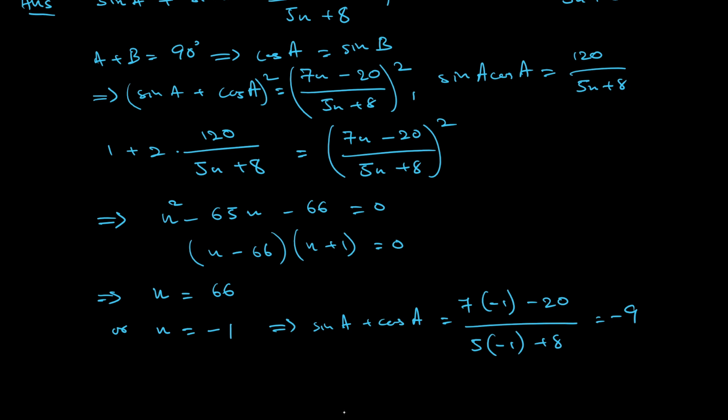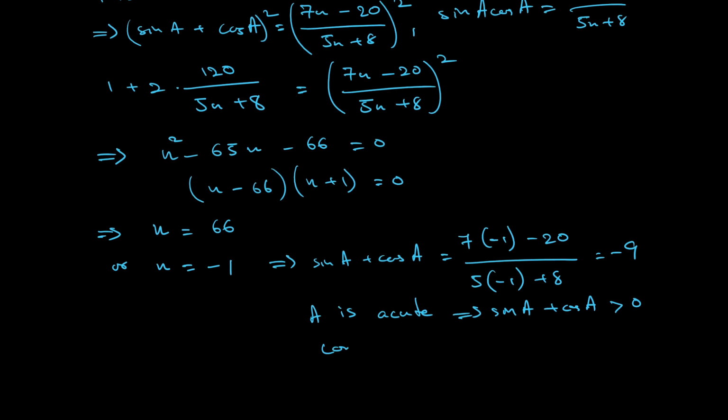But because A is an angle inside a right triangle, sine A plus cosine A will not be a negative value. It will be a positive value, because A is in the first quadrant. So this is obviously false, a contradiction. So n cannot be negative 1. Hence, the only value that works is n equal to 66. It's the only answer.